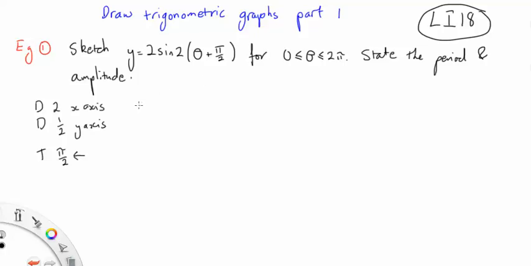Let's draw mini graphs. Don't worry about the domain for now, just sketch a quick graph of y equals sine x. Alright, we have dilation by a factor of 2 from the x-axis. So that's going to give us y equals 2 sine x.